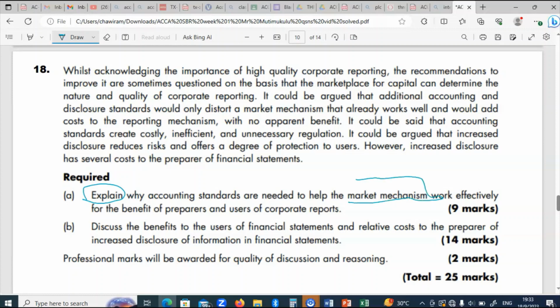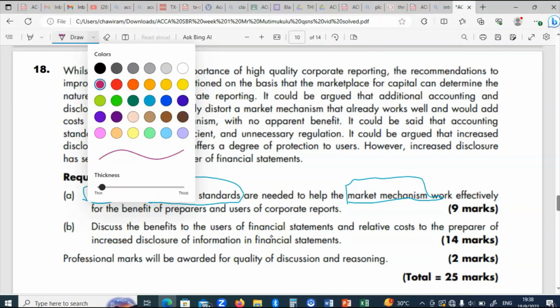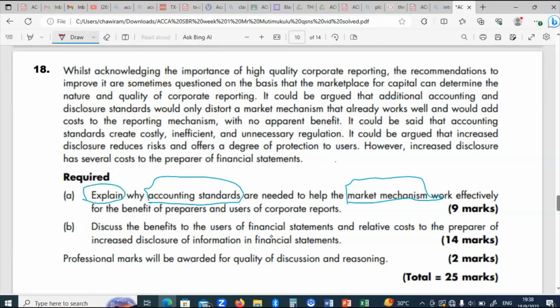So, like I said, you need to at least define or describe what accounting standards are and what the market mechanism is, and then explain the benefit of having those standards. Okay, so without limiting you to cramming, you just have to write one or two sentences explaining what accounting standards are, and then a little bit about what a market mechanism is.